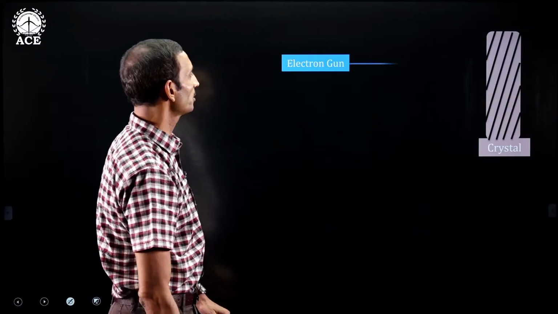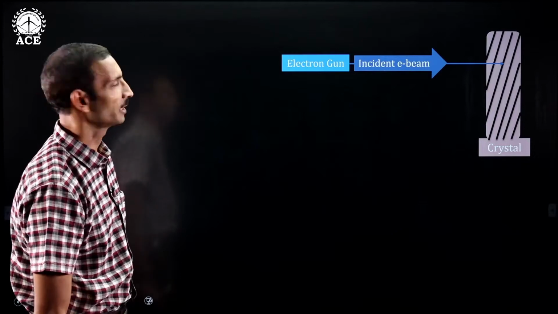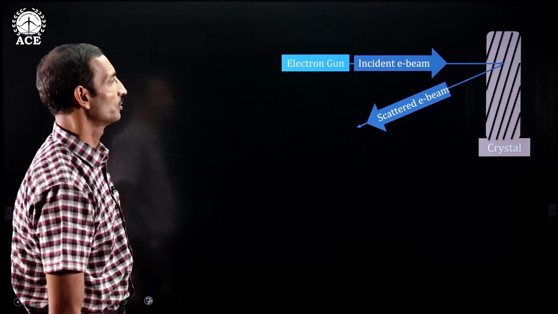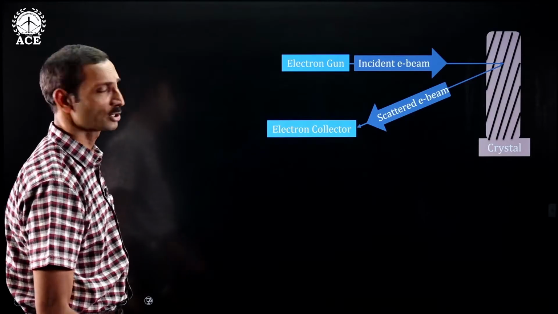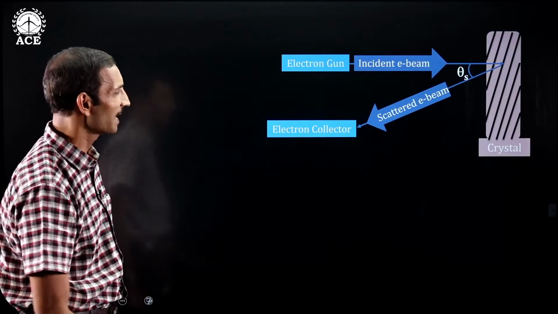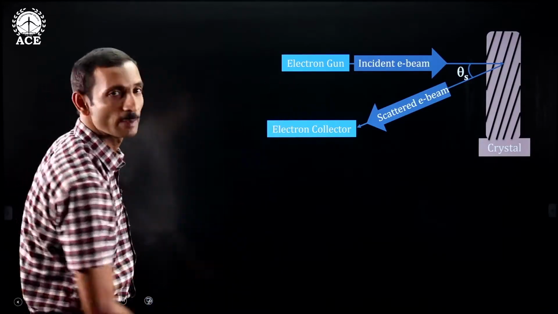The electron gun gives out electron beams which fall on an atomic plane of the crystal and get scattered in some particular direction, which is collected by the electron collector. The angle between those two is the scattering angle. This is what is going to happen.